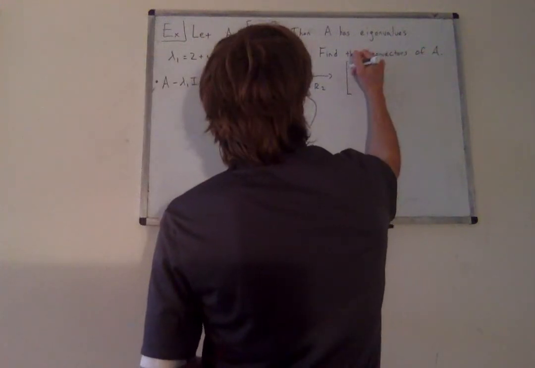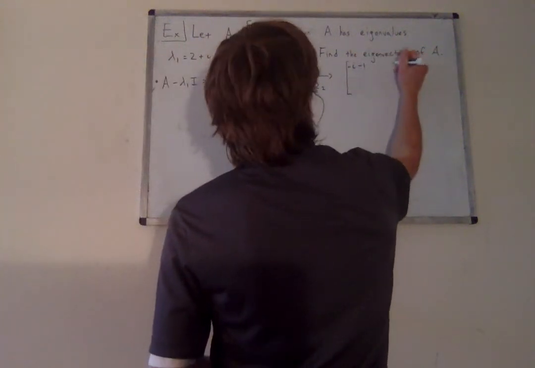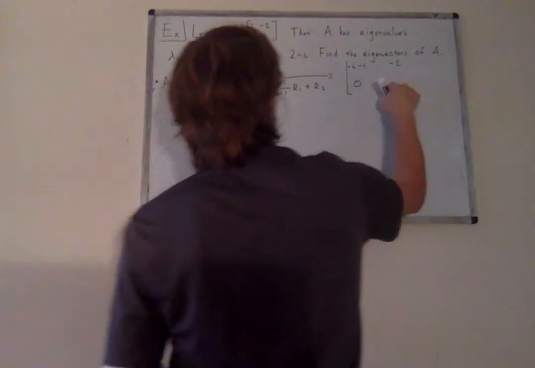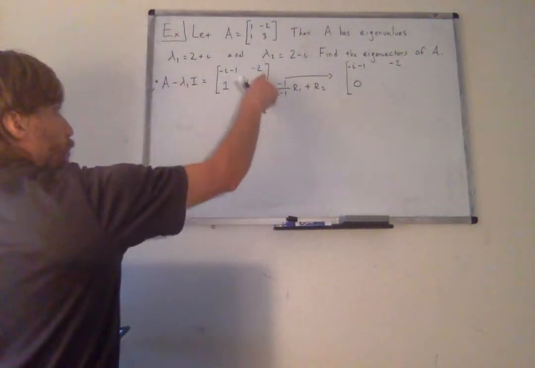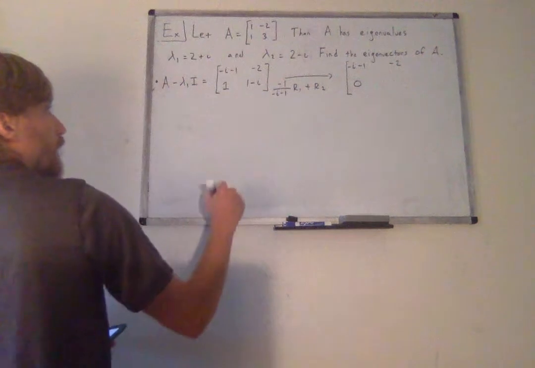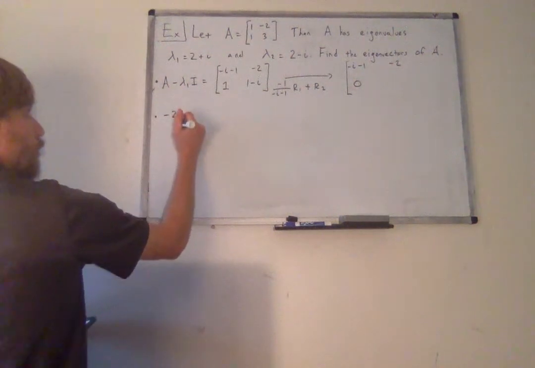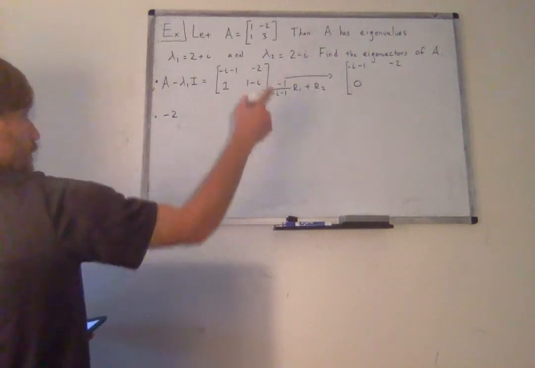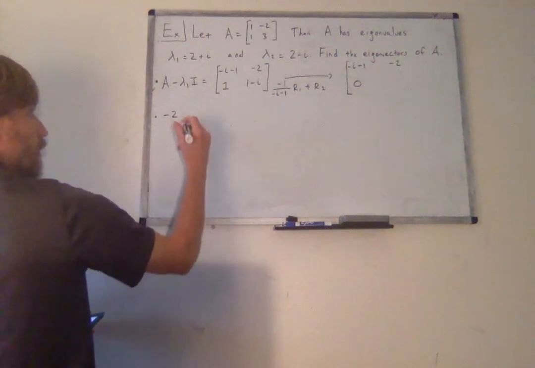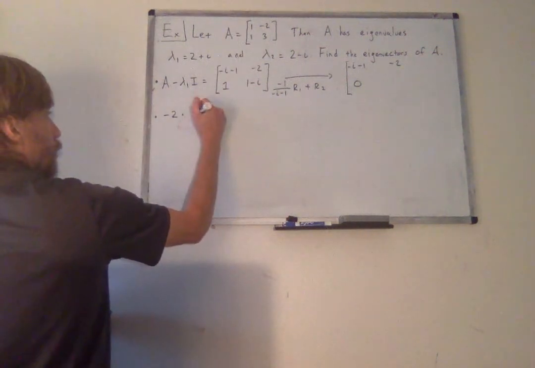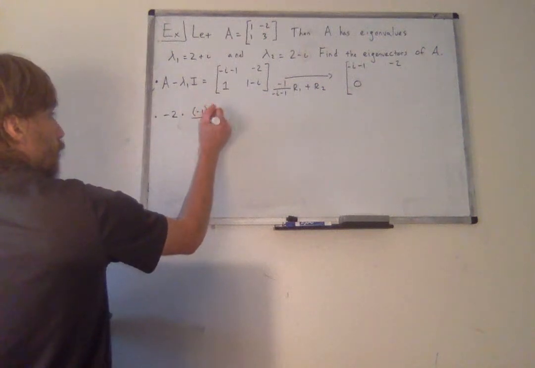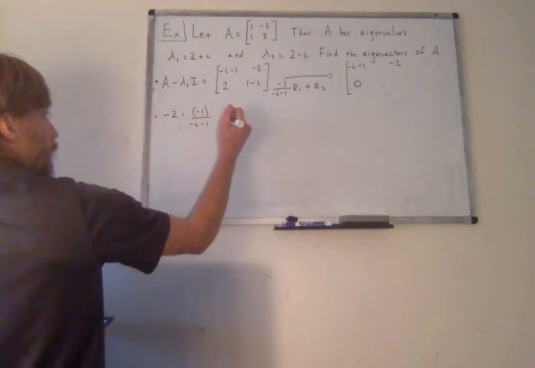What I do need to check is that this entry, when I multiply 2 by this number, gets me 1 minus i. So I need to calculate what gets me negative 1 times this, right? This should eventually turn into 0. So I want to multiply 2 by negative 1 over negative i minus 1.